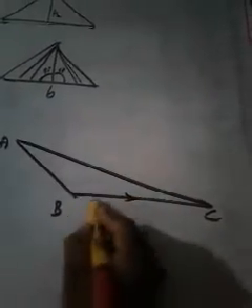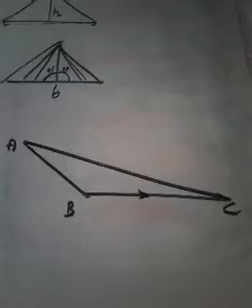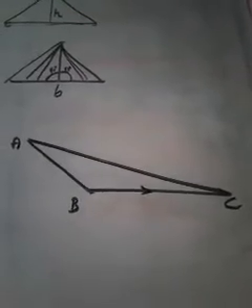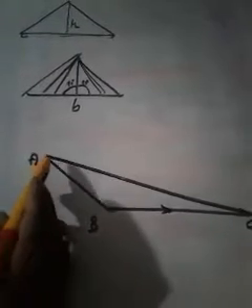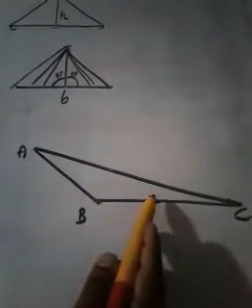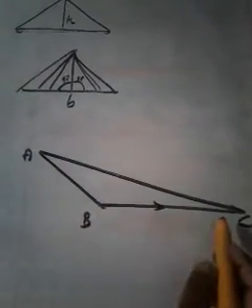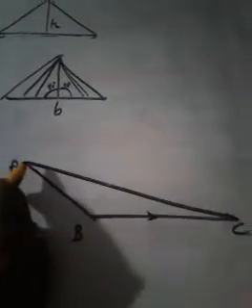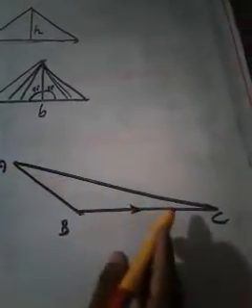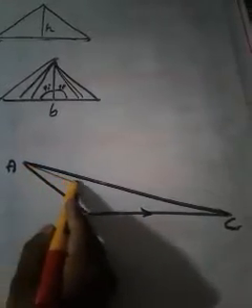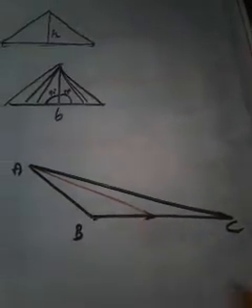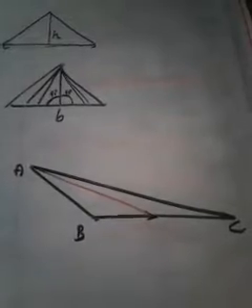How can I draw a height? Anyway, the height should be from this vertex towards the base which I am considering, and BC is the base I am considering. So can I draw a height from A towards BC? Suppose if I draw like this, can I consider it as a height?